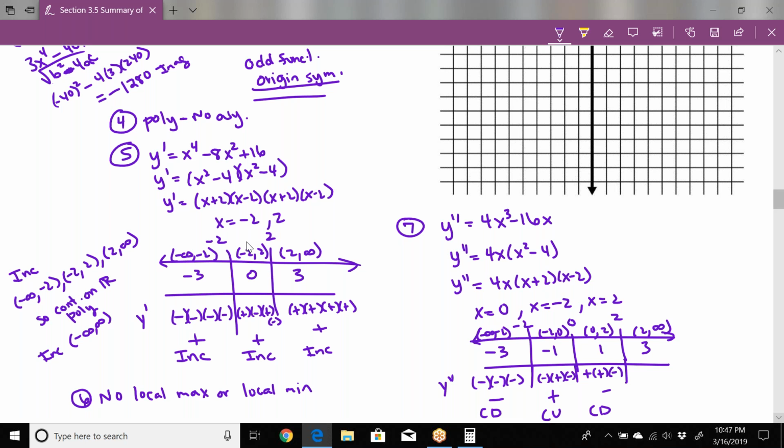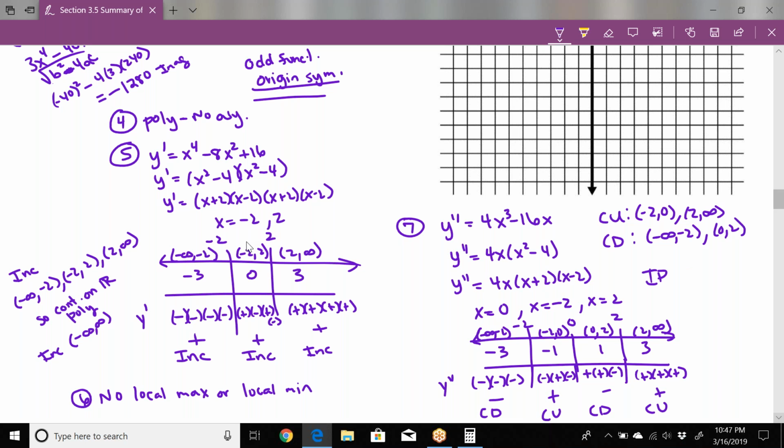And then at 3, we get all 3 positives, so that makes for concave up again. So concave up on -2 to 0 and 2 to infinity. Concave down on -infinity to -2 and 0 to 2, which means we do have points of inflection.